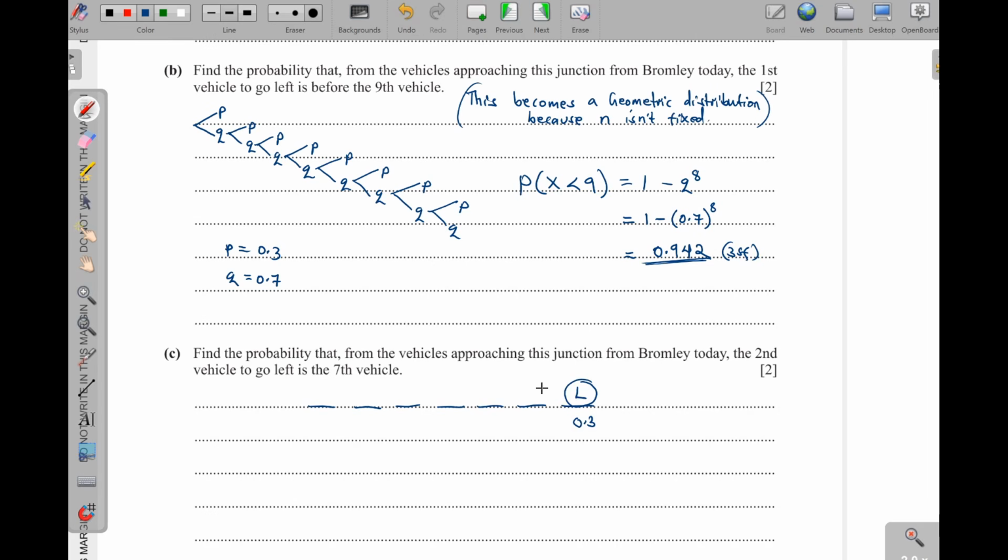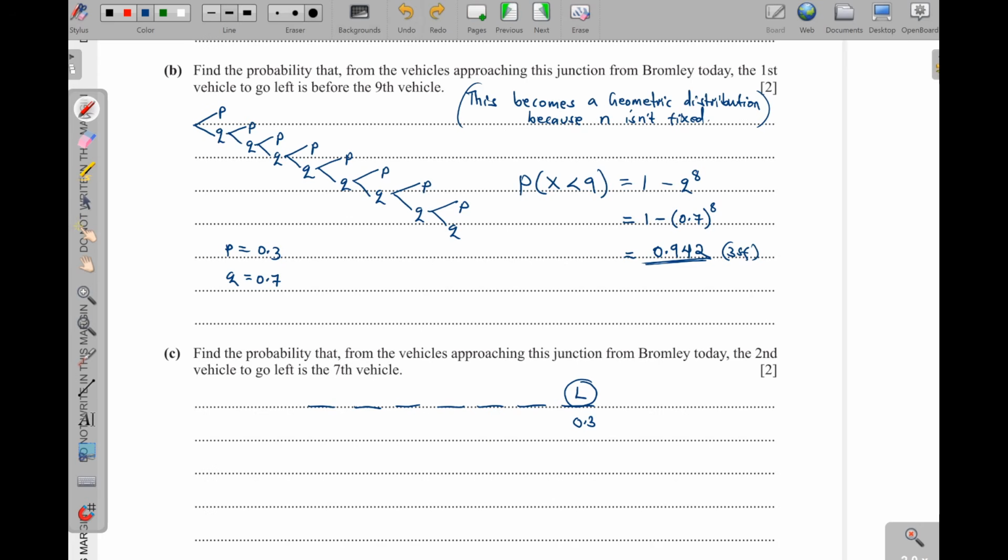That means in the first 6 vehicles here we are having only 1 success. They are saying the second vehicle is the 7th one. That means the one that turned left before can be the first one, the second one, the third one, the 4th one, the 5th one, or the 6th one.